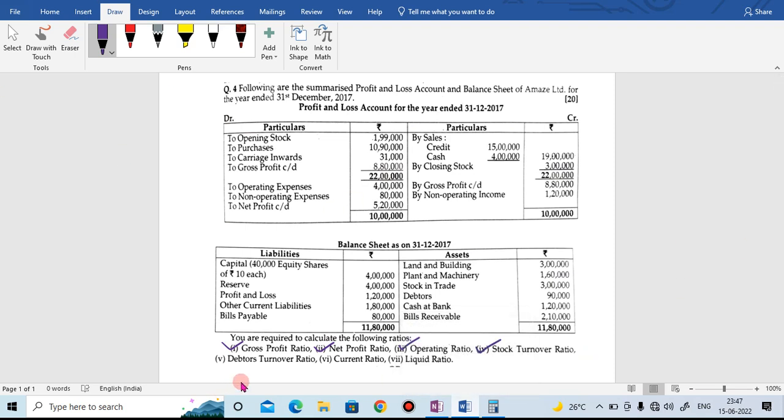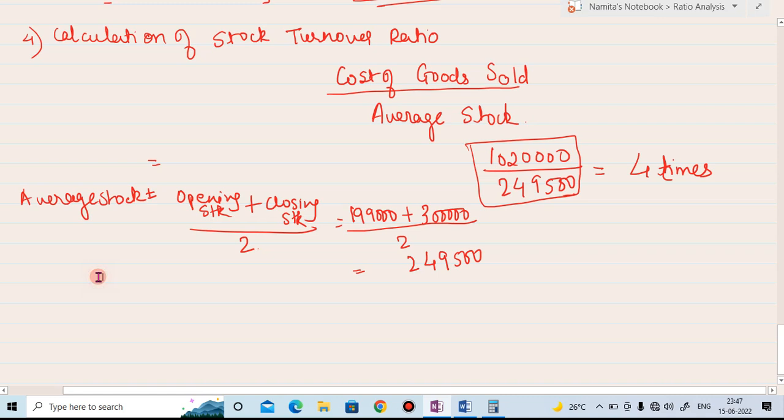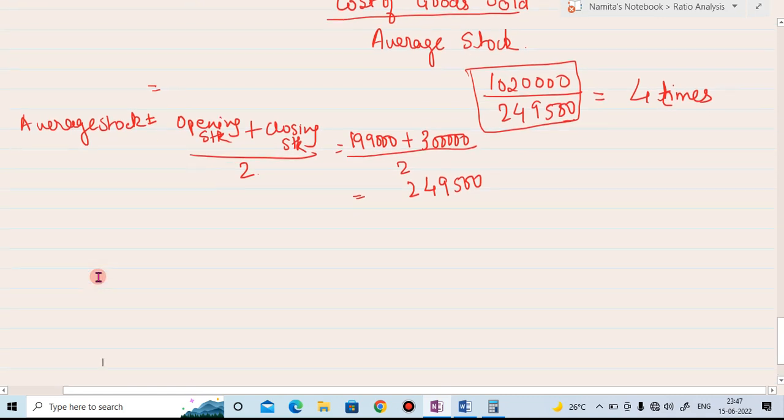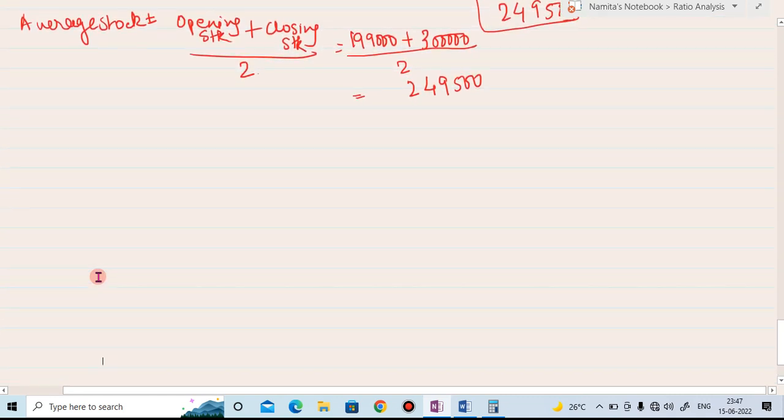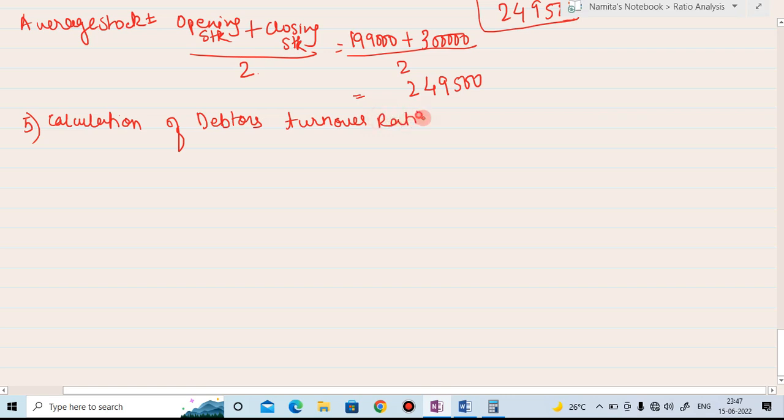Now next we have to find debtors turnover ratio. Fifth ratio is calculation of debtors turnover ratio.